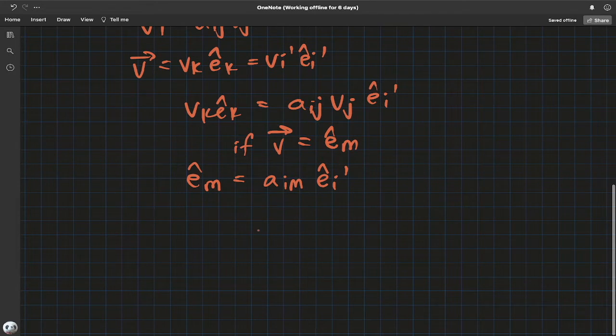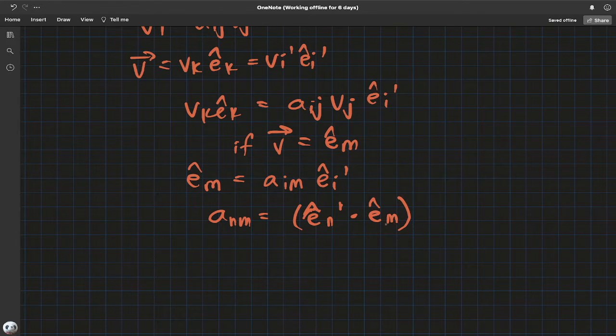So what this implies is that, dotting both sides, you get this relation: a_nm is equal to e_n prime hat dotted with e_m hat.